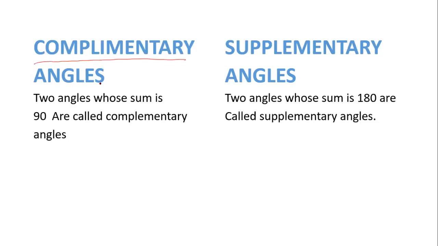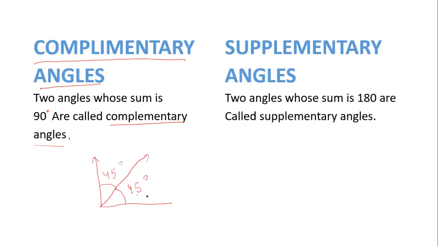Complementary angle, when two angles add up to 90 degrees, when two angles whose sum is 90 degrees are called complementary angles. मतलब अगर हमारे पास two angles हैं जिनका sum, this is 45 degree, ये adjacent angles भी हो गए और ये complementary angles भी, because 45 plus 45 is 90 degrees, so these two angles are complementary angles.